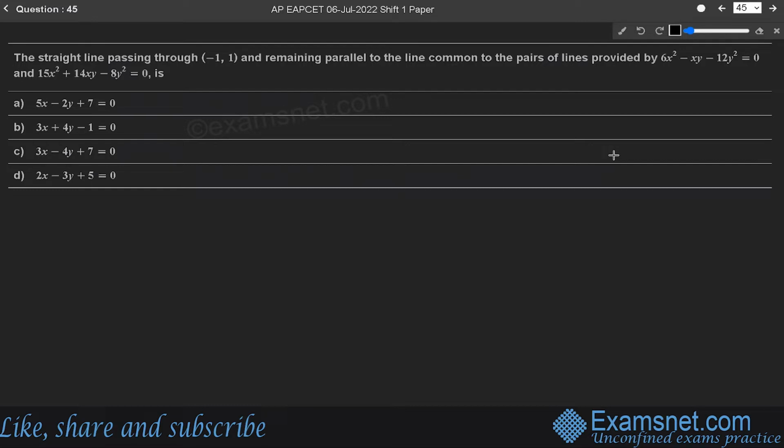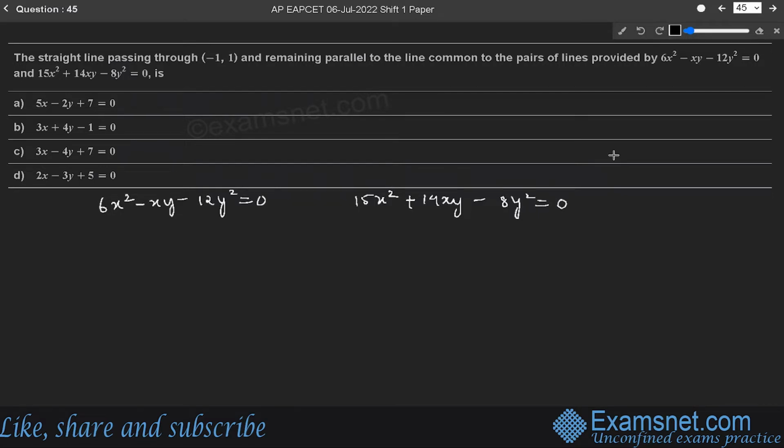So we have two equations, and the equations are 6x square minus xy minus 12y square is equal to 0 and 15x square plus 14xy minus 8y square is equal to 0.